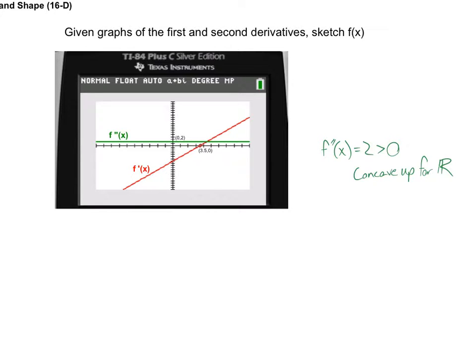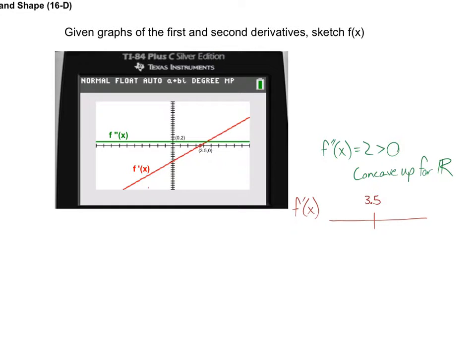If I were looking at f prime of x, I could make a sign diagram, and I would have 3.5 on my sign diagram.